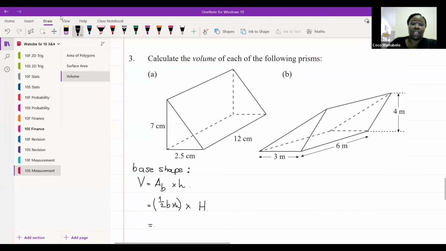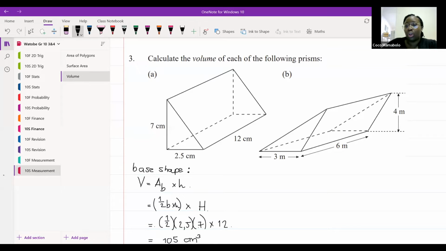So the volume is going to give us 1/2 multiplied by the base, which is 2.5, multiplied by the height, which is 7, multiplied by the perpendicular height of our whole prism, which is 12. And the answer we should get out of here is 105 centimeters cubed.